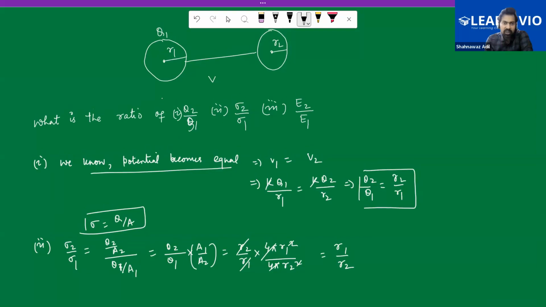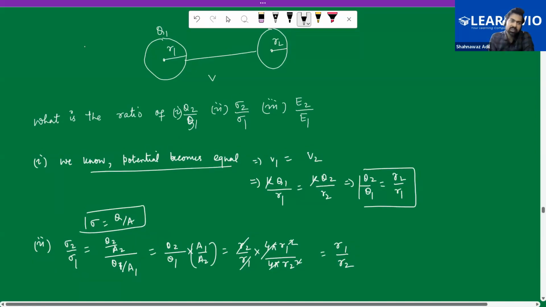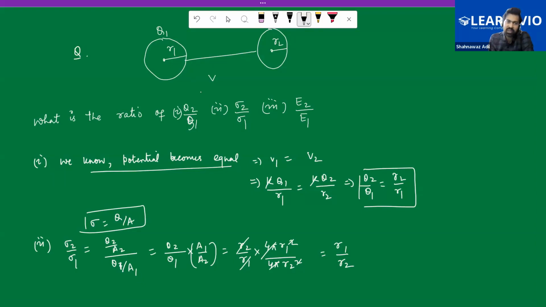So just note down from here that these two spheres are connected with this wire, and then what is the ratio of Q2 by Q1, sigma 2 by sigma 1? E2 by E1, you try to figure it out. You already know these things.